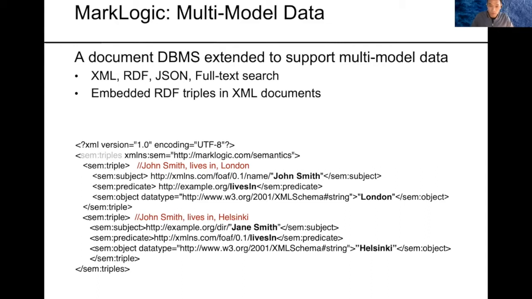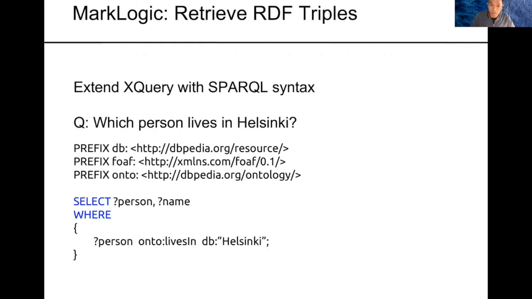In this way, we can embed the RDF triples into our XML document, and MarkLogic extends XQuery with SPARQL syntax to retrieve RDF triples. For example, if we want to know which person lived in Helsinki, we can issue the following query. We just need to select the person name where the person lived in Helsinki.